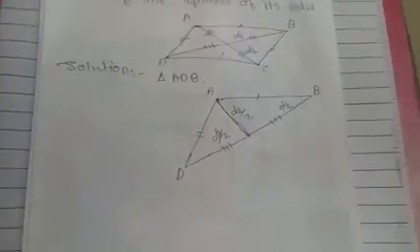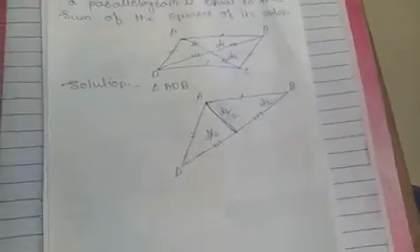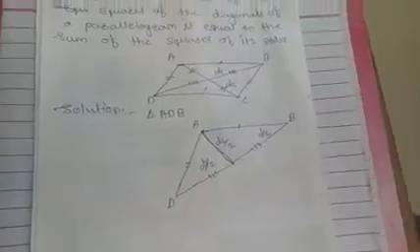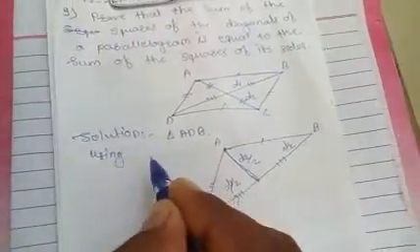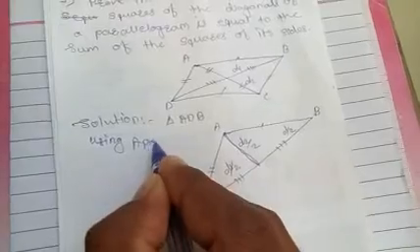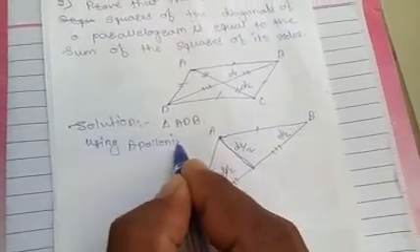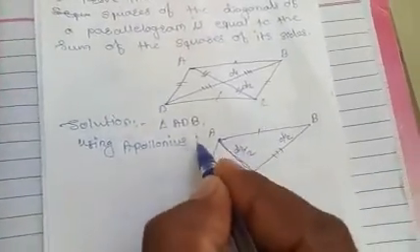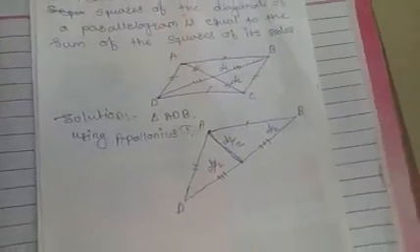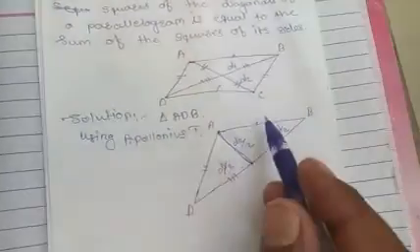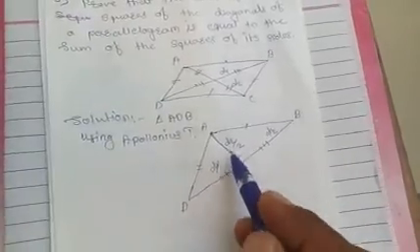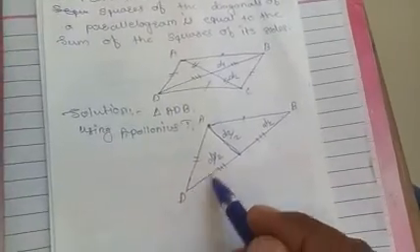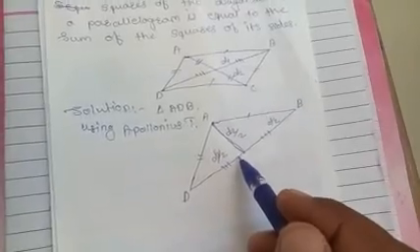And we know very well the relation of the median in a triangle by Apollonius theorem. So what was the Apollonius theorem? The sum of the squares of two sides is equal to 2 times the median square plus 2 times the square of either equal segment.